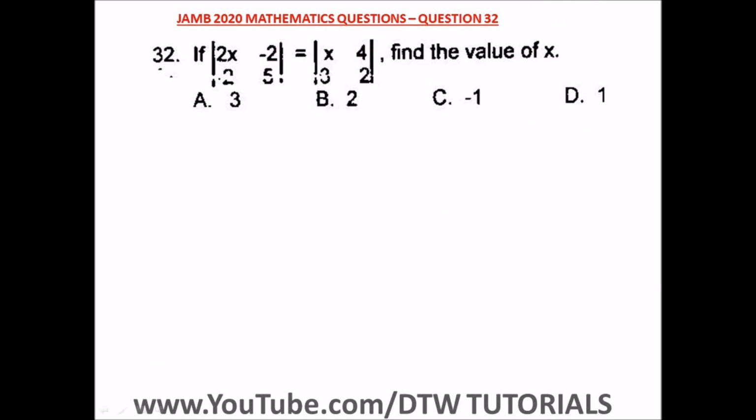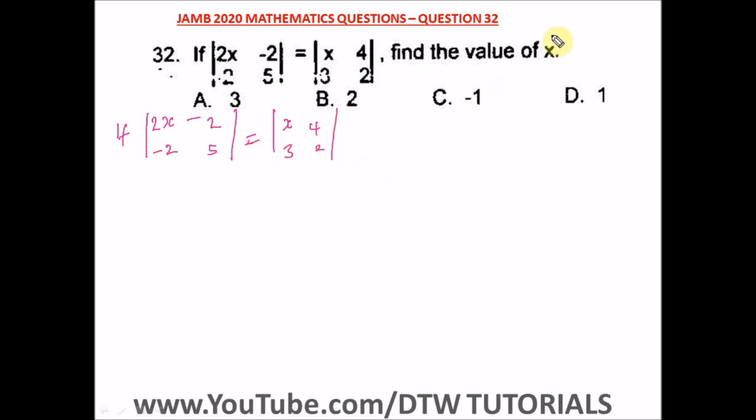So question number 32 of the JAMB past question. So please, this is that if 2x, minus 2, minus 2 and 5 is equal to x, this is 3, this is 4, this is 2.